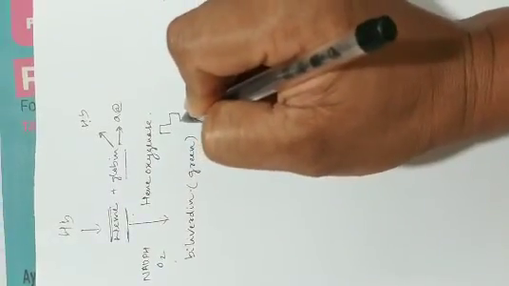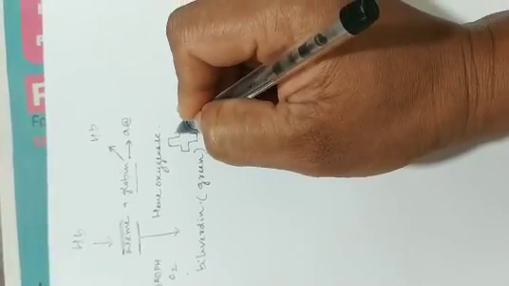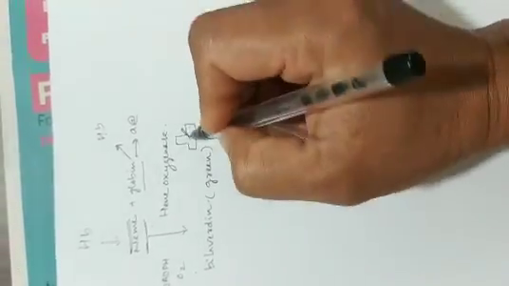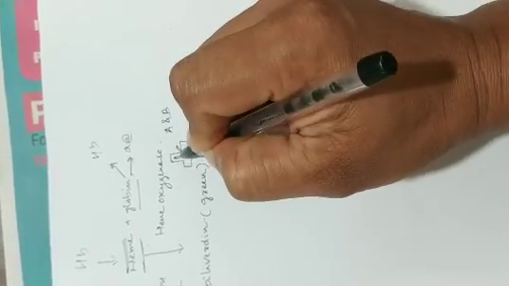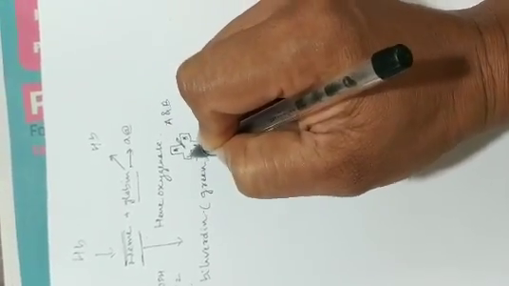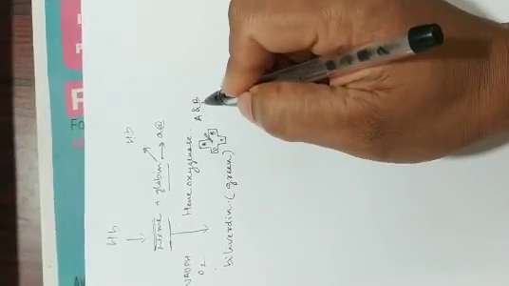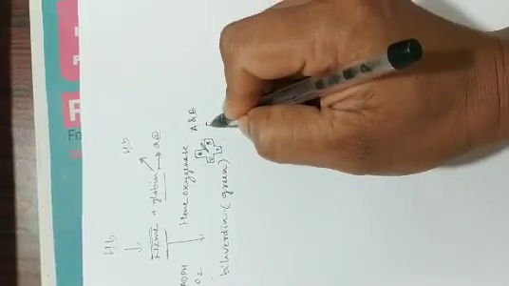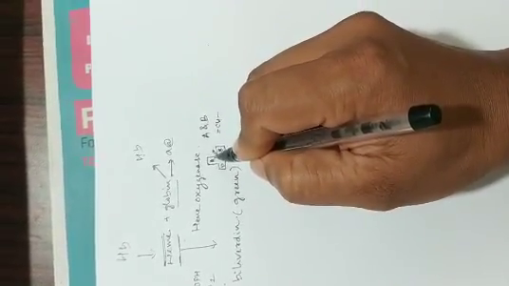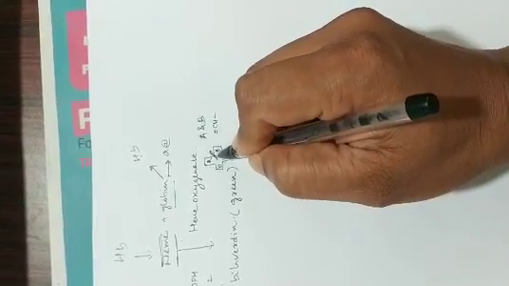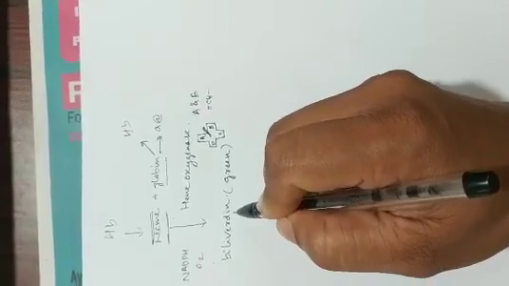See, this is a porphyrin ring, with four pyrrole rings, A, B, C, D. Here the methenyl bridge between pyrrole rings A and B is broken and forms this biliverdin.